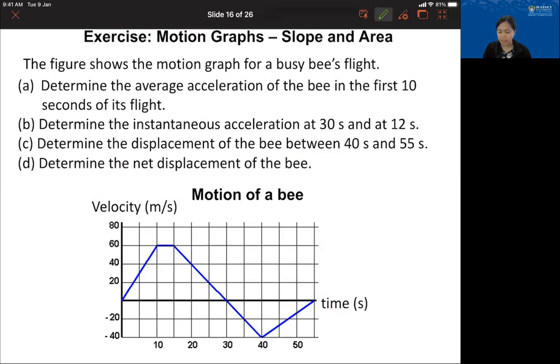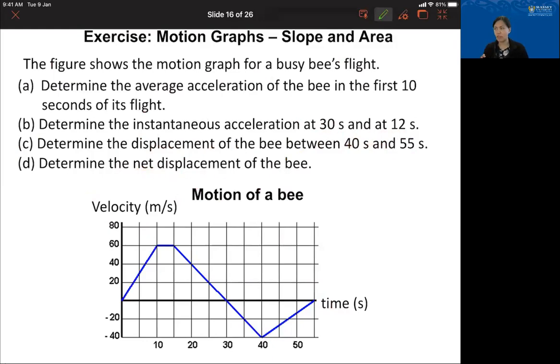First one is determining the average acceleration in the first 10 seconds. Second one is the instantaneous acceleration at two specific times. Third question is determining the displacement between this time interval. And the last question is determining the net displacement.